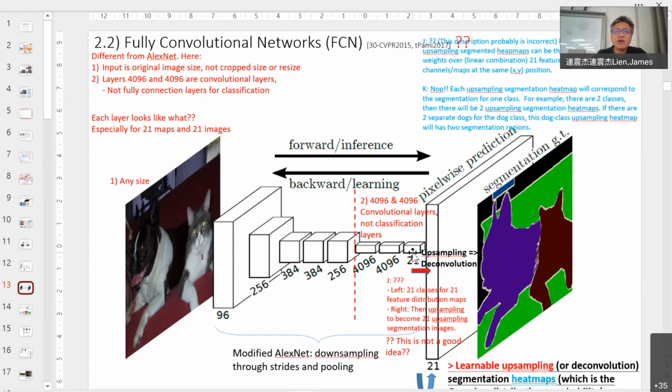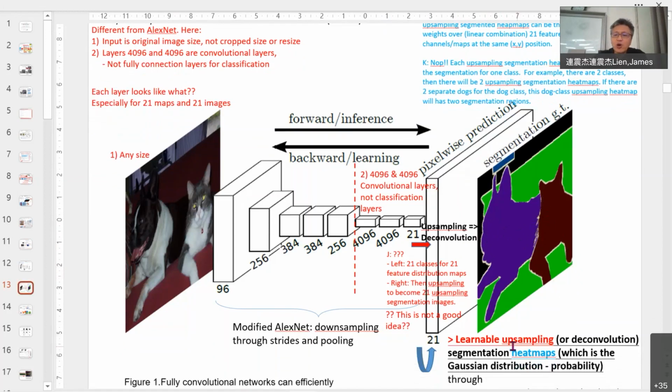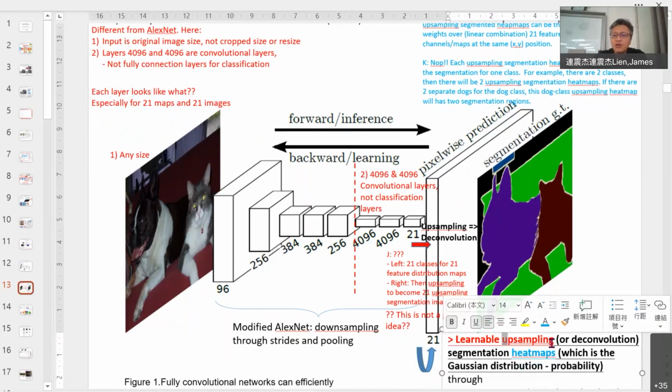So if you want to do the detection, you need to recover back to either the original image size, or 2 times this, or 4 times this. This kind of recovering we call upsampling or deconvolution.